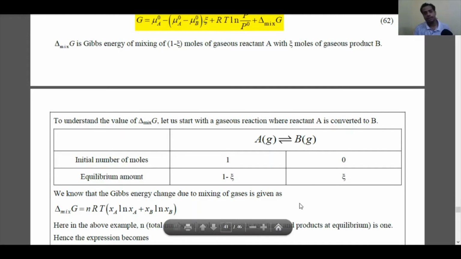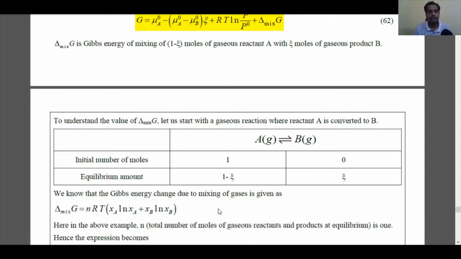In the previous few lectures, we have discussed that the Gibbs energy change due to mixing of gases is given as nRT (xA ln xA plus xB ln xB). What are xA and xB? These are the mole fractions of component A and component B respectively.